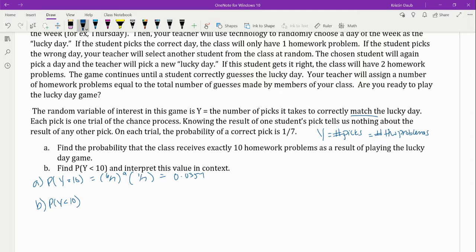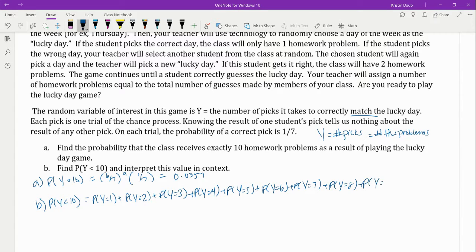We have to consider a lot of options here. So let's write down all of the different possibilities that y could take. That's a lot of things.